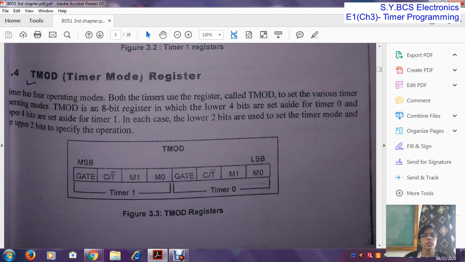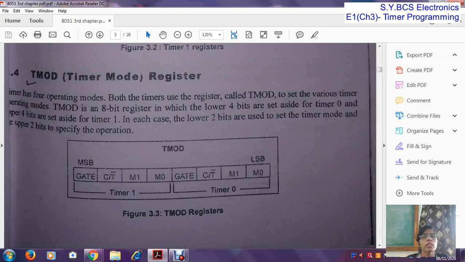This is a special function register. Its function is to control the operation of the timer 0 and timer 1 registers. To set the various timer operating modes, TMOD is an 8-bit register in which the lower 4 bits are set aside for timer 0 and the upper 4 bits are set aside for timer 1.